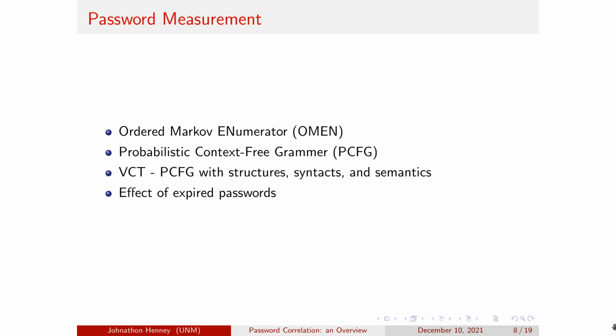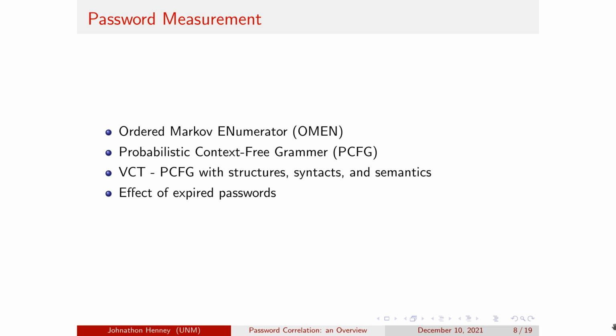So some of the other research that these guys talked about in their paper were the tools that were the ordered Markov emulator that just took descending probabilities and walked through, and I'm guessing a Markov random chain to add some entropy to the password generator to hopefully grab the password in a short amount of time.